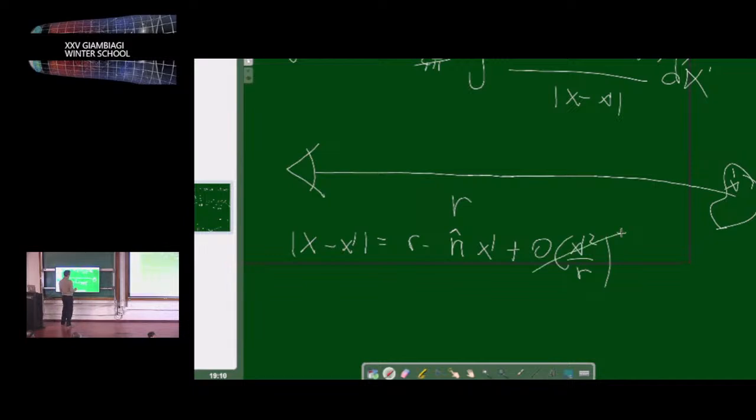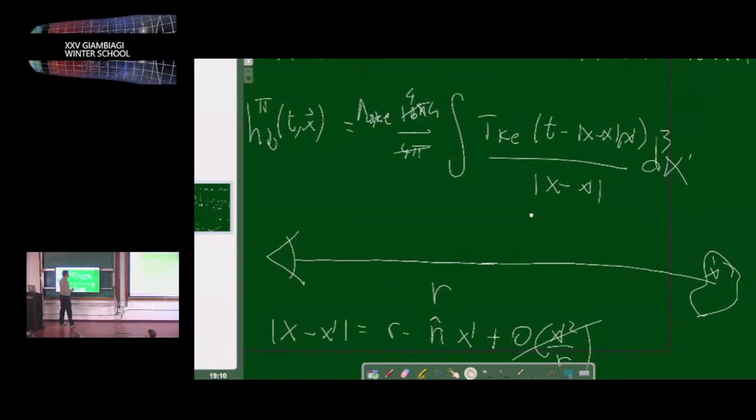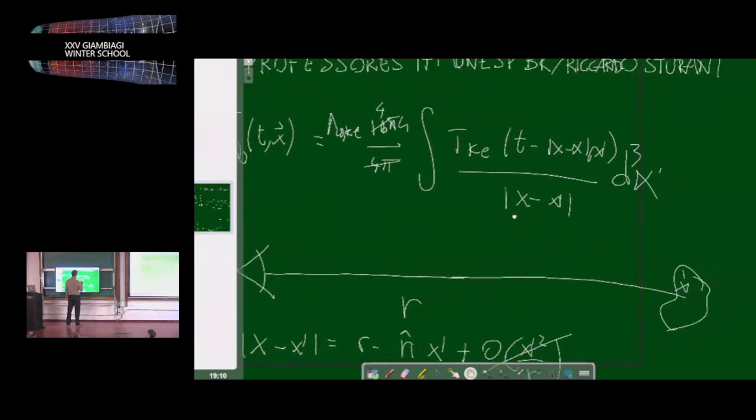So in the denominator, I don't care about keeping the dependence on x prime. In the denominator, I just say that this is r. Here, I don't care. In the numerator, yes, I need to take into account the effect of the retardation, because this is order 0, this is t minus r.